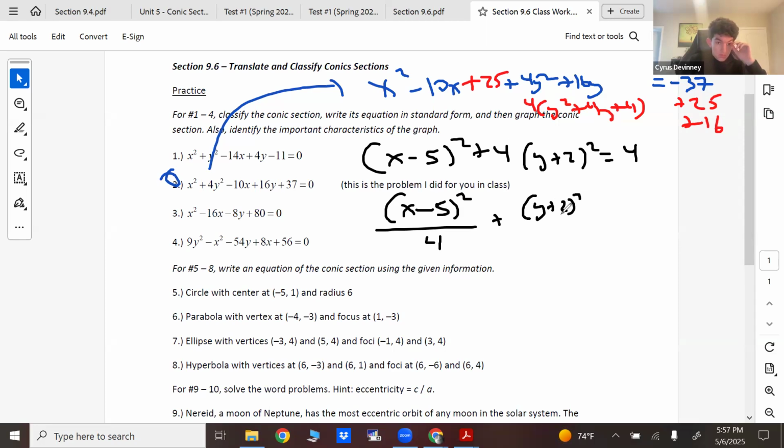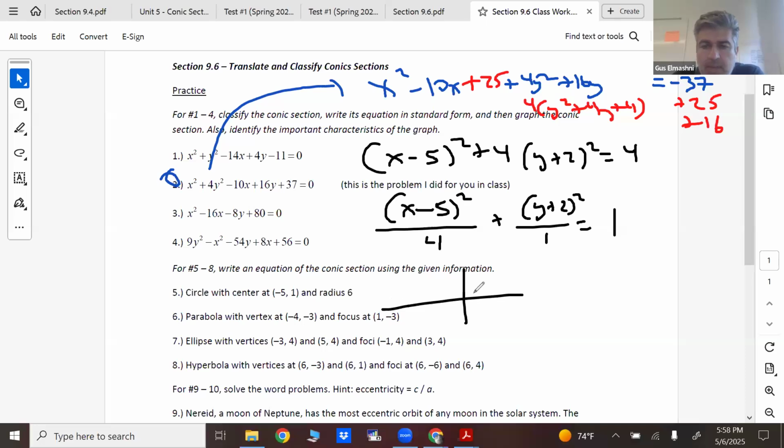So the center is 5, comma negative 2. You go 2 left, 2 right. You go 1 up, 1 down. You do a quick sketch. 1, 2, 3, 4, 5. 1, 2. Go 2 left, 2 right, 1 up, 1 down. Boom, boom, boom. There you go.